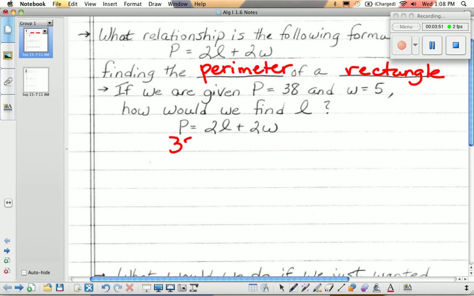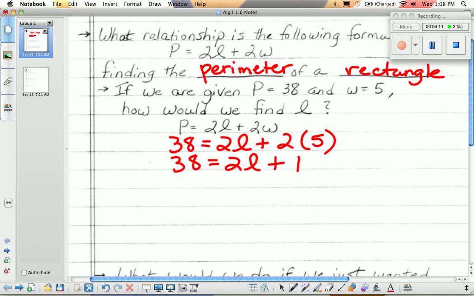Okay, so could we do a substitution problem into our formula? Could we do that? Because I think this is it. We're going to do exactly everything John said. So I substitute it in. I say, oh, well, I'm trying to solve for L, so I got to get this simplified. It can be simplified. 2 times 5 is 10.